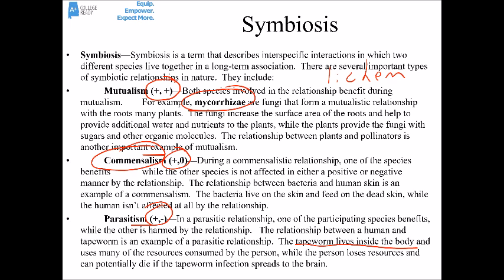So it gets a place to live, it gets free food. The host, on the other hand, loses calories. Also, the tapeworm larva at least can spread to the brain and ultimately kill the host. So it can be really bad for the host. Ticks would be another example of a parasite, an organism that feeds on the blood of a host and causes it harm.